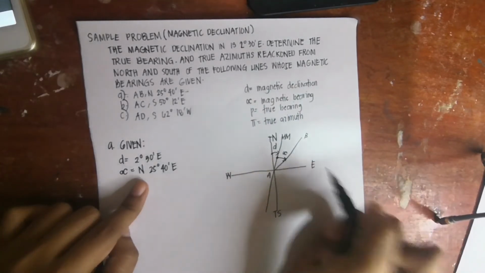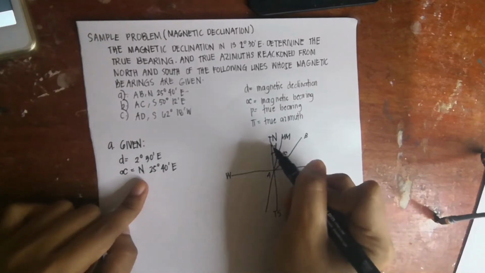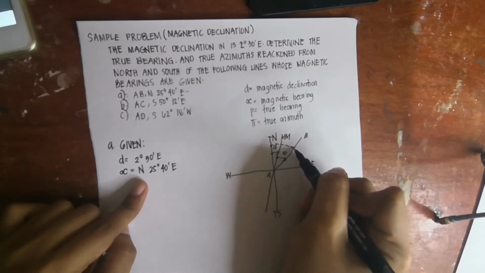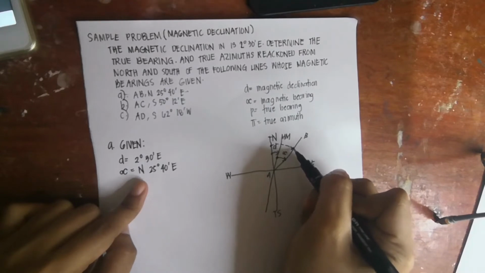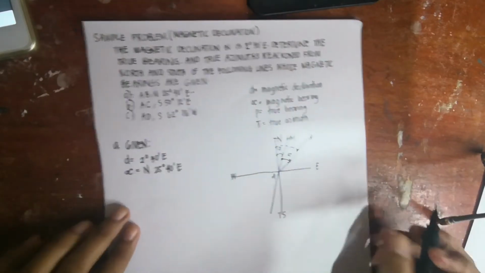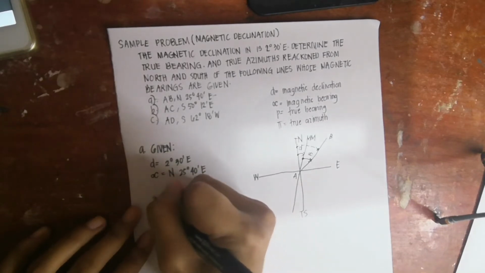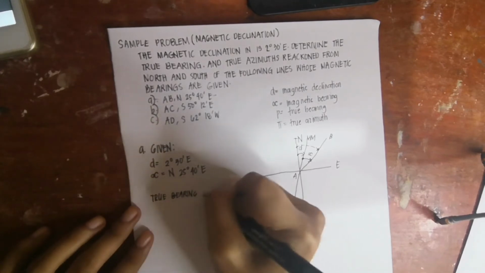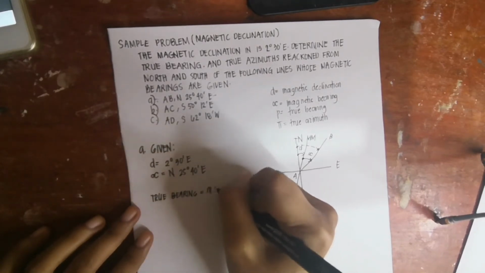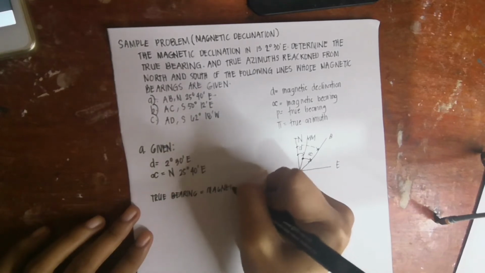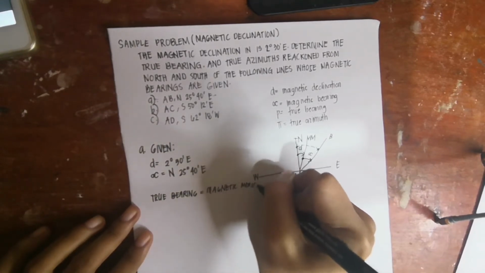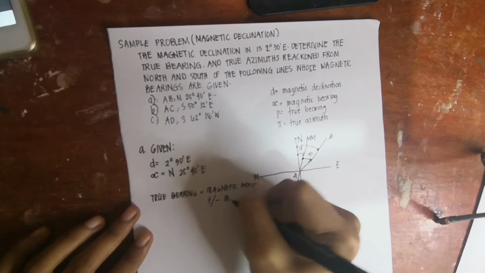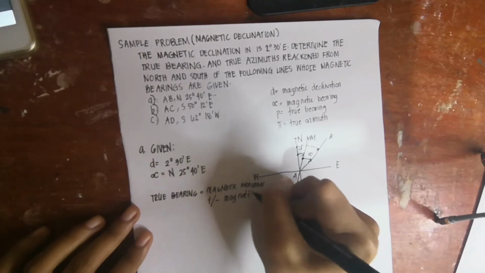Now, we can identify the true bearing, which we need to measure from the true meridian to line AB. The formula for finding the true bearing is: true bearing is equal to magnetic meridian plus or minus the magnetic bearing.